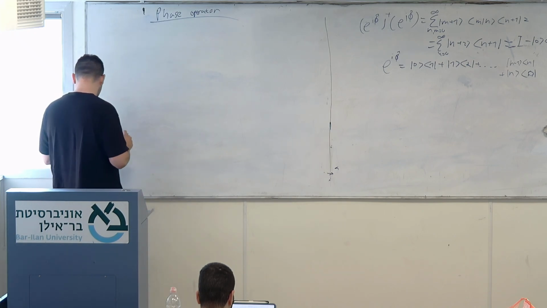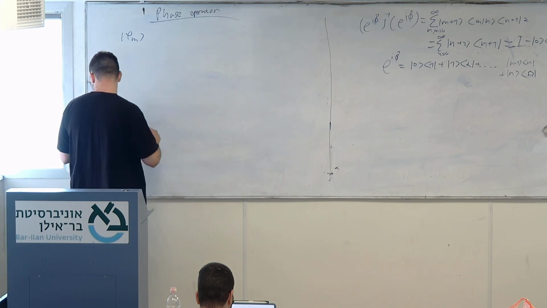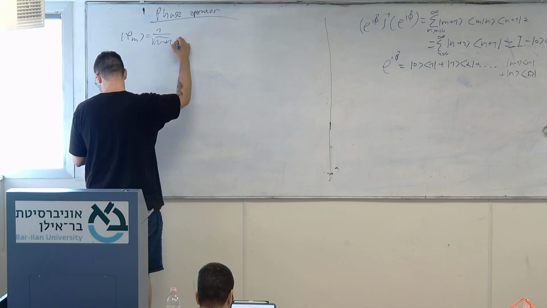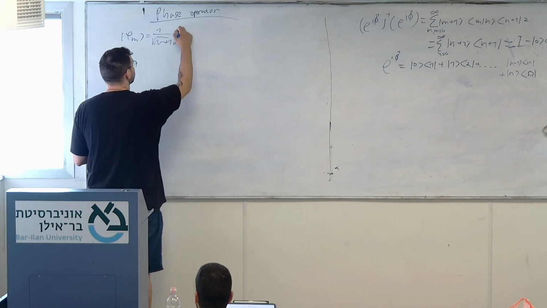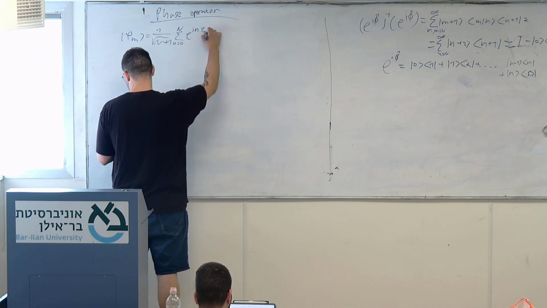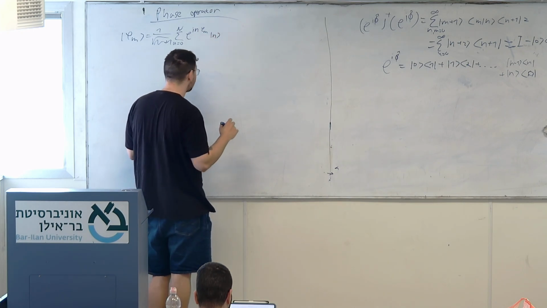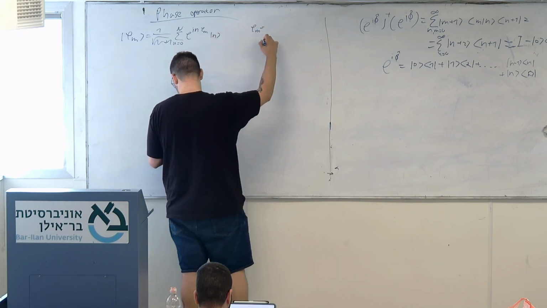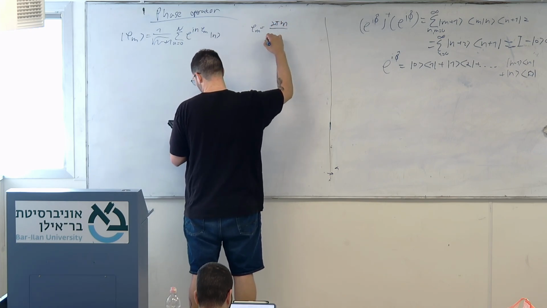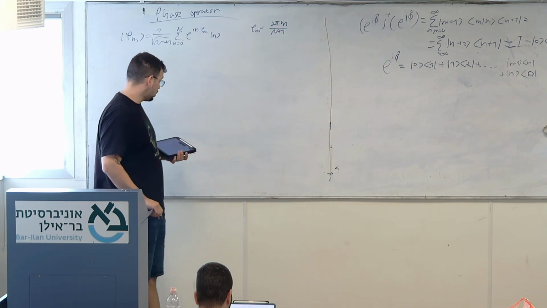So we'll define a state with a well-defined phase phi to be equal to 1 over the square root of n plus 1, which is the normalization factor, the sum from m equals 0 to n of e to the i m phi, m, where phi m equals 2 pi m divided by n plus 1. Right? Okay.